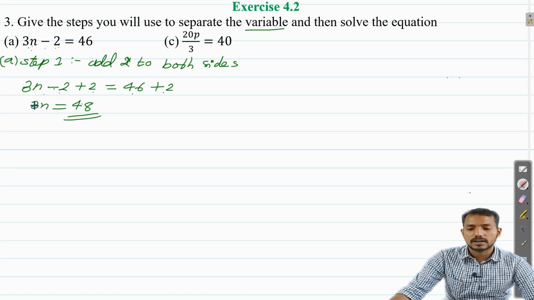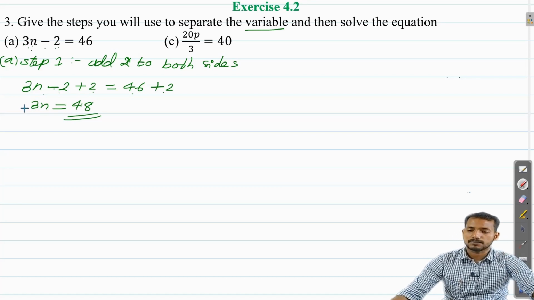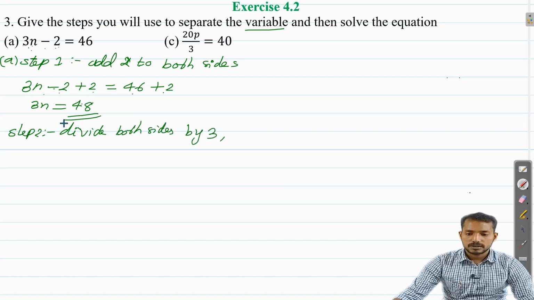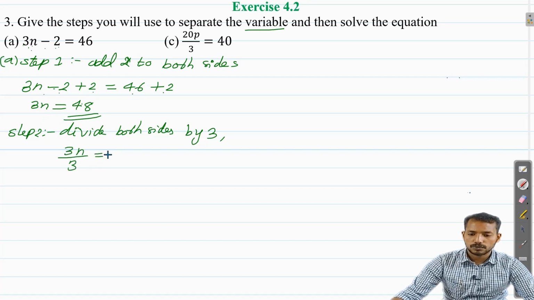Now 3n is 3 into n, multiplication is there. So in step 2 what we need to do? In step 2, to separate the variable n from 3, divide both sides by 3. So 3n divided by 3, which is equal to 48 divided by 3.